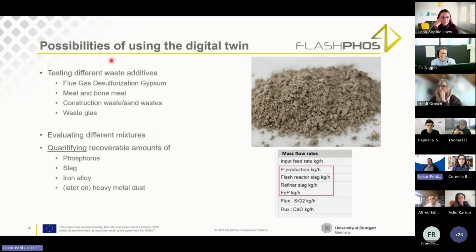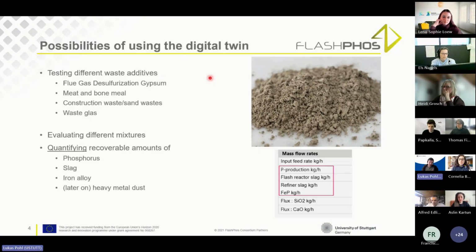So what are the possibilities of using the digital twin? The FlashPhos process needs a mixture of, let's say, materials. On the one hand, the sewage sludge as the main input, and then we had to find out different additives. But searching for additives, and especially for chemical compositions of these additives, is a lot of work.